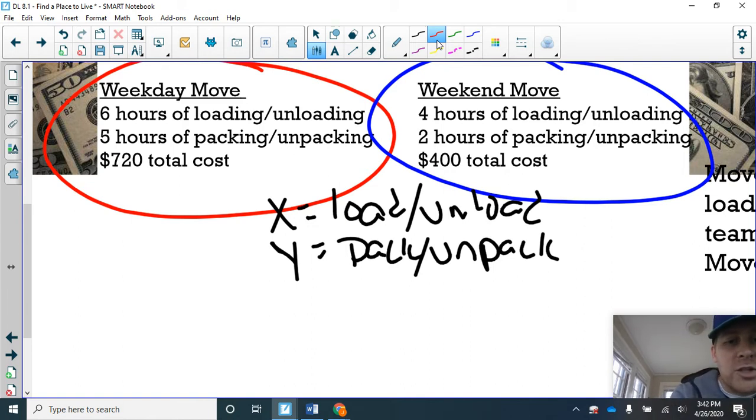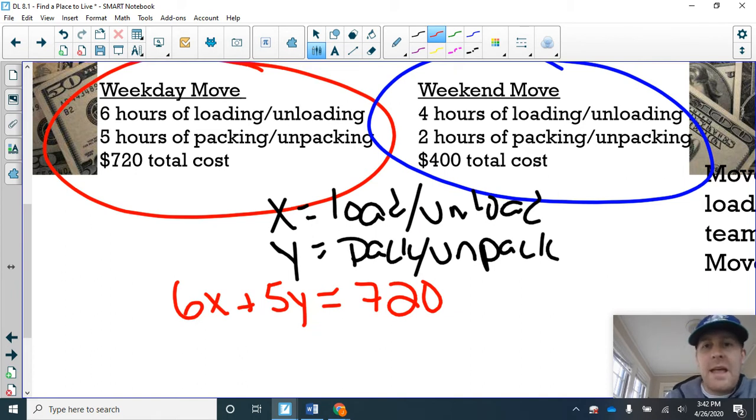So we start with 6X, because it's the price, X, per hour of loading and unloading times the 6 hours we're given. We add to that: Y represents the hourly rate for packing and unpacking, and we have 5 of those hours. So 5Y, and that's a total cost, so it equals $720.